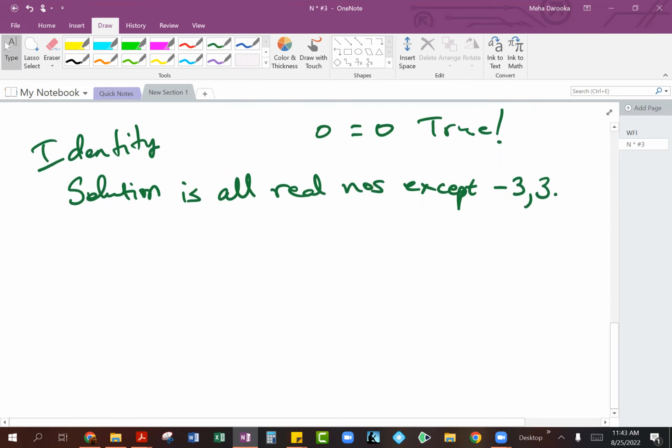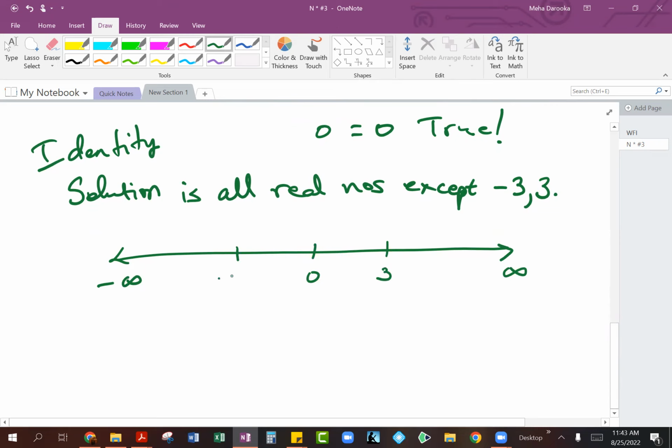So in interval notation, when you're trying to write this out, I'll show you that with a number line first. So you will have +3 here, -3 here. Again, we're saying everything is okay except -3 and +3. So -infinity to -3, that interval is going to be fine.